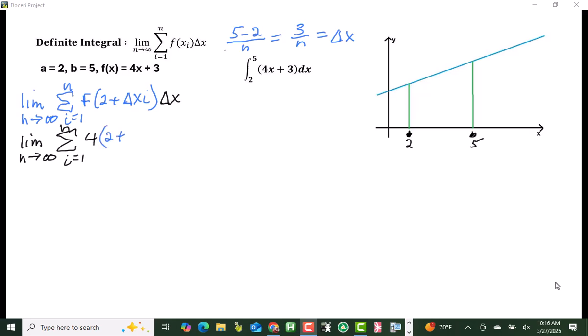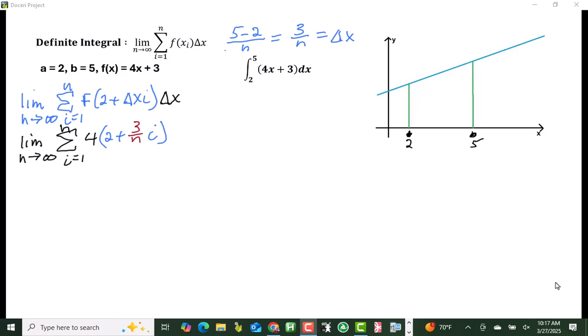So first of all, I've got 4 times what? That 4 right there is the 4 for the x up here. So inside the blue parentheses, I've got to put what my x is in terms of i. If 3 over n is delta x, then that is the same as delta x times i up there.